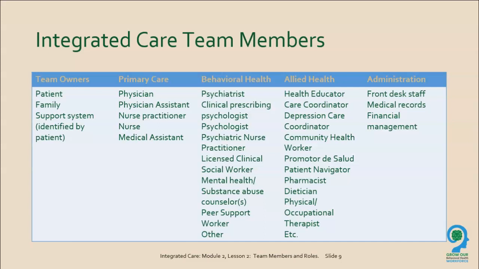And don't forget the role of administration as team members. Front desk staff may be the first person and the most frequent person that the patient talks to. Medical records can help the patient to assure that they have enough information to share with the providers who need to have it. Financial management is also key.